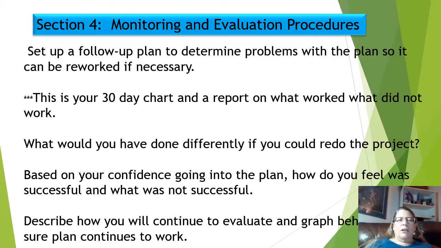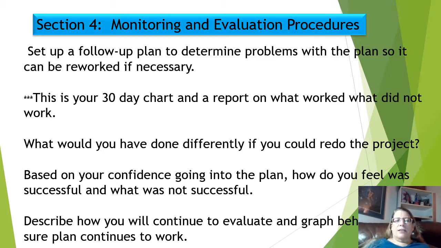And then you want to write up what you think should be done differently if you have to redo the project. So you're basically doing a first write-up, which is your functional behavioral assessment and your behavioral plan, but then you want to do follow-up reports that have to do with the success or your confidence in the success of this plan and building in those opportunities to check and make sure it's working.